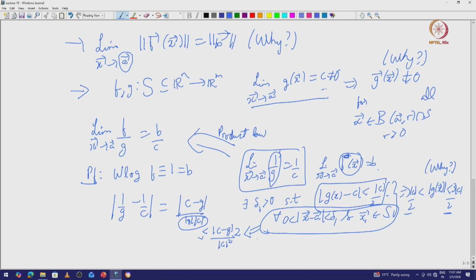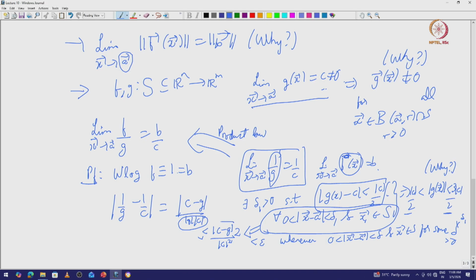Now, this is surely less than epsilon whenever, for some delta, right? Maybe that delta needs to be less than delta 1, no problem, but this is true. Why?